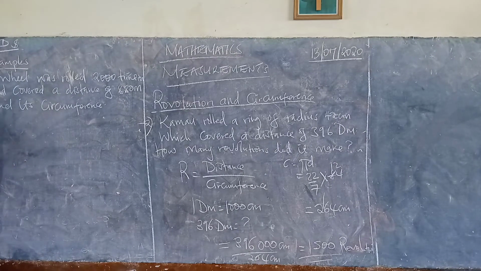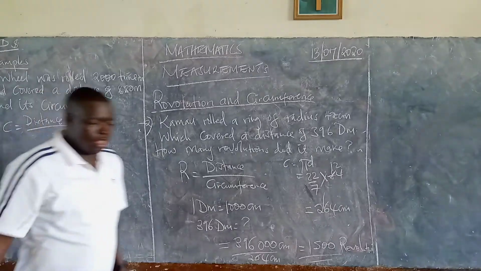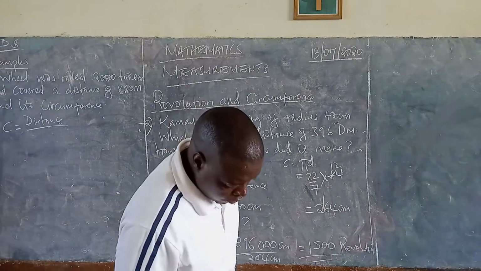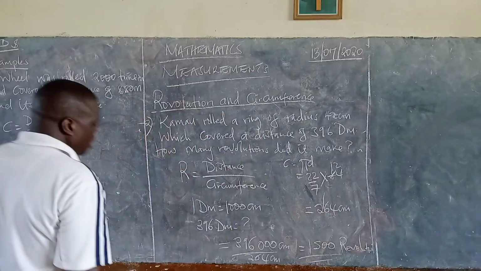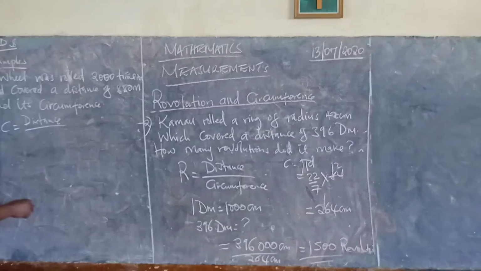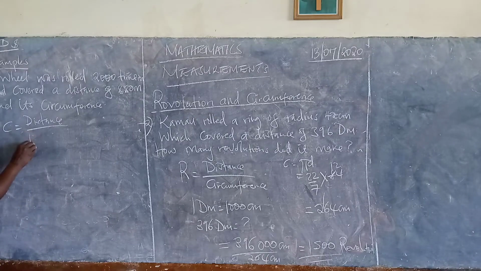So first step, we need to find the circumference. And circumference is the distance over the number of revolutions.